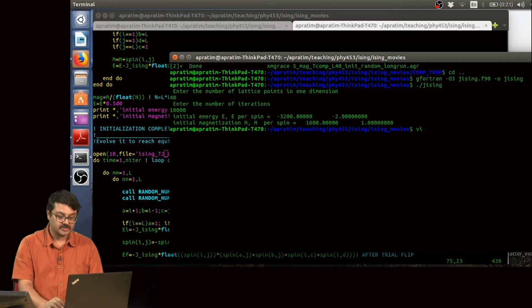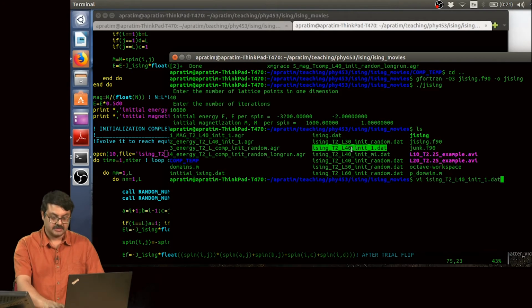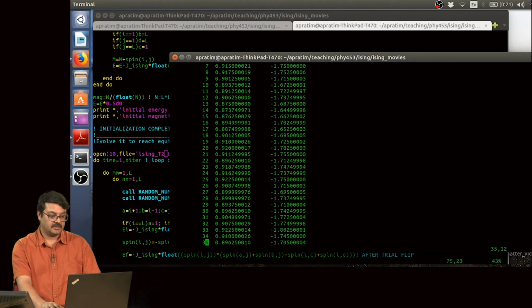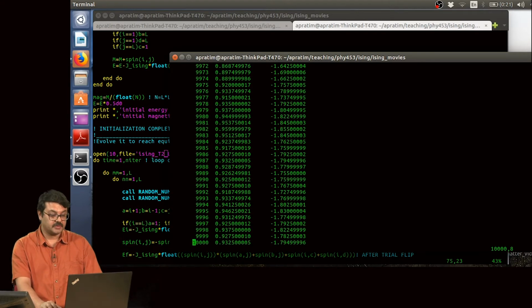The data has been stored in Ising T2 L40. Here is the number of Monte Carlo steps 1, 2, 3, 4, and it goes up to 10,000. The second column stores the magnetization per spin, and this is the value of energy per spin.